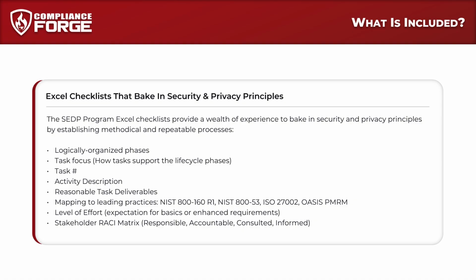They cover logically organized phases, task focus, showing how tasks support the lifecycle phases, task numbers, activity descriptions, and reasonable task deliverables, mapping to leading practices, including NIST 800-160, NIST 800-53, ISO 27002, and the OASIS Privacy Management Reference Model. Level of effort expectations, and a stakeholder RACI matrix, covering who is responsible, accountable, consulted, and informed.